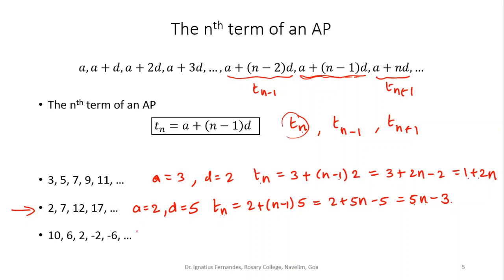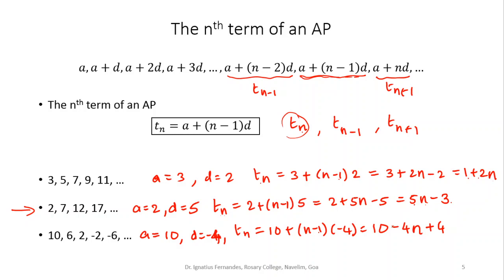The same way, if you consider this, A is equal to 10 and D was minus 4. So the nth term is equal to 10 plus n minus 1 into minus 4. So it is 10, plus n into minus 4 is minus 4n, and minus 1 into minus 4 is plus 4.